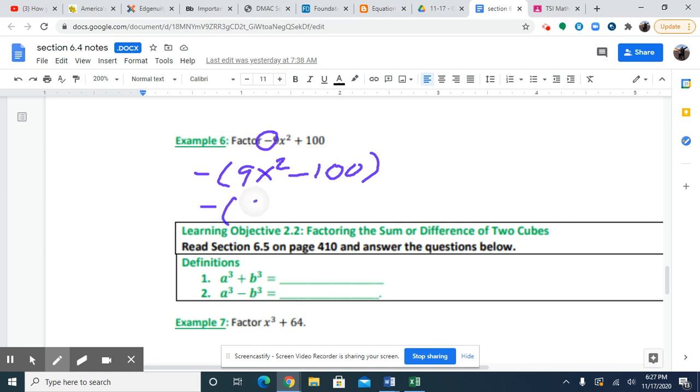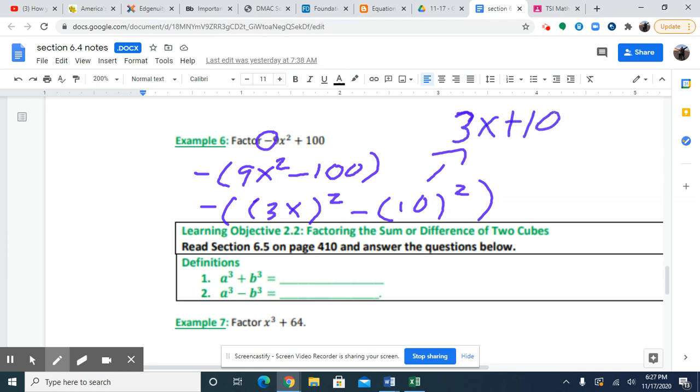So we can say this would be 3x to the power of 2 minus 10 to the power of 2. So we end up writing our answer as 3x plus 10 and 3x minus 10, with that negative on the outside.